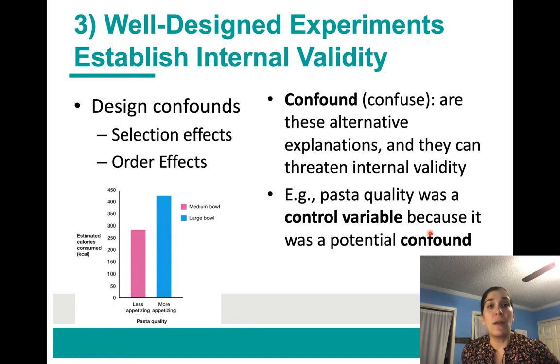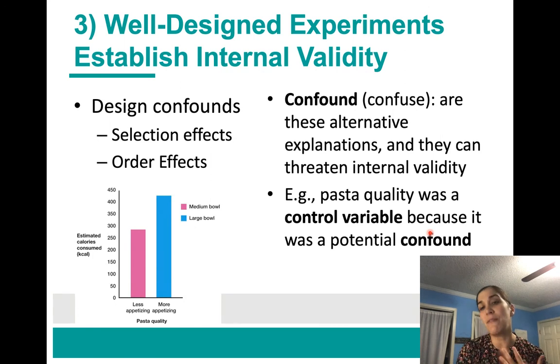And third, a well-designed study establishes internal validity, which means that it makes sure that the only thing that has an impact on your dependent variable is your independent variable. And so in order to do this, we have to make sure that we control for confounding variables, or confounds. So confounding variables are the things that we would think about ahead of time.